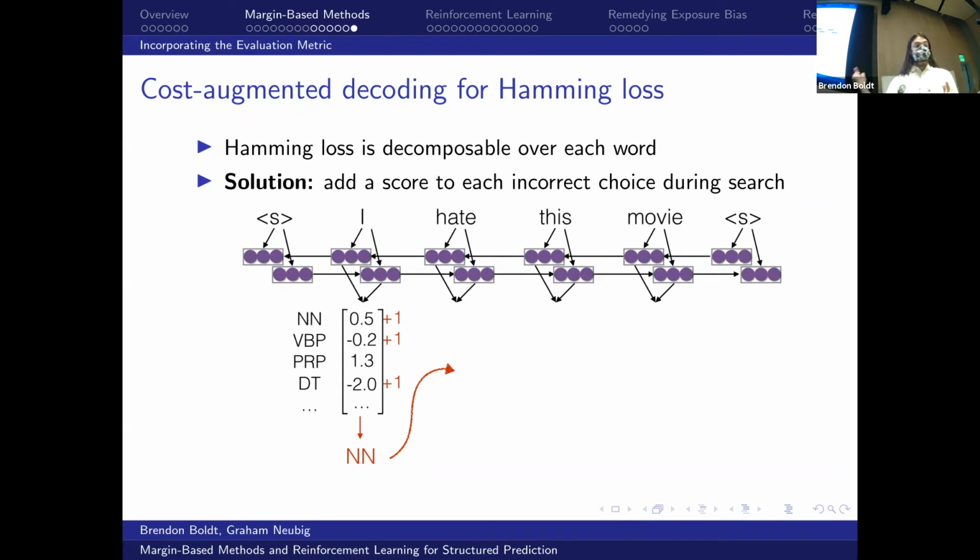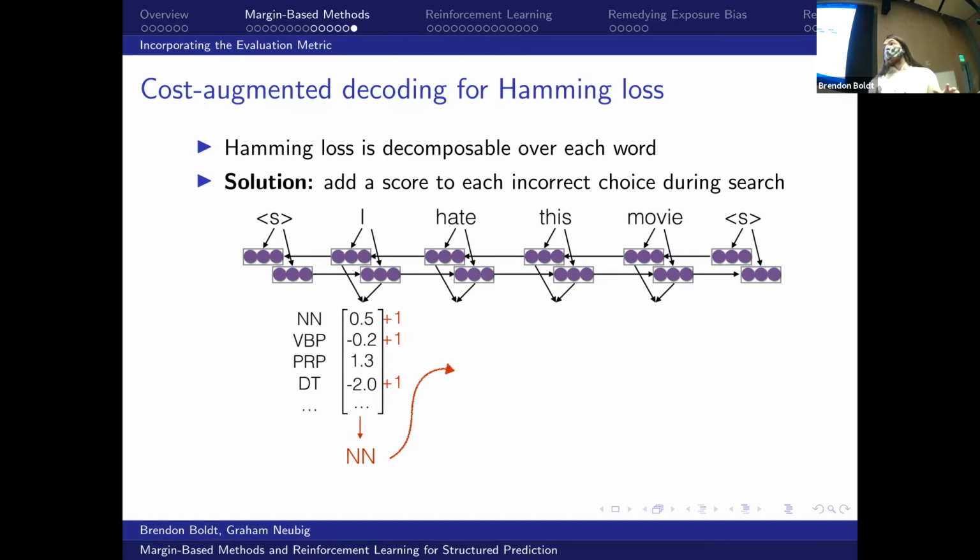So if we're doing decoding like this, you can see that the correct part of speech tag for I is a personal pronoun, in which case we don't add anything to its cost, but for all the incorrect labels, which we know because this is being done at training time, we can add a 1. And so the search function can be sensitive to the cost that we've added in the process of training.